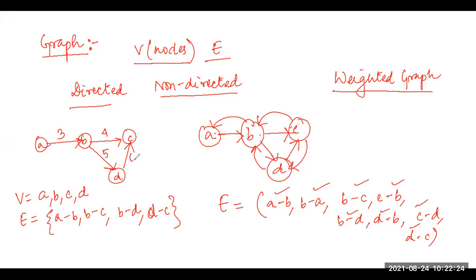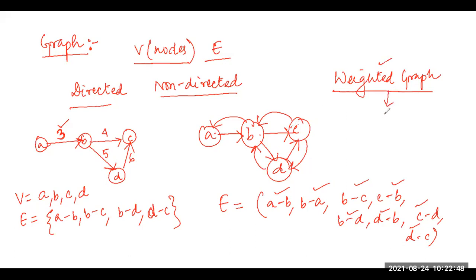Suppose this is the weight I am adding. Now this is known as a weighted directed graph, since each edge has a value associated with it. If it is in kilometers, or meters, or miles, whatever the unit, there is a weight associated with this edge. So this is the concept of weighted graph.